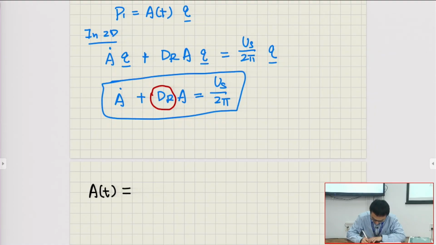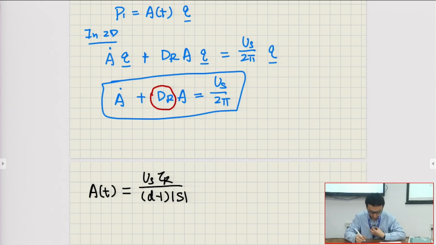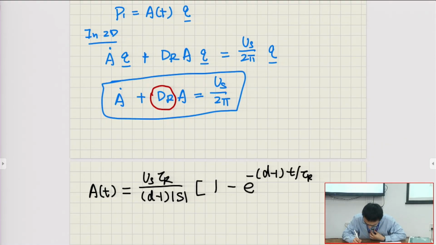So that would be speed times tau r divided by d minus 1. I'm going to write down the general solution in both 2D and 3D: 1 minus e to the minus (d minus 1) t over tau r.